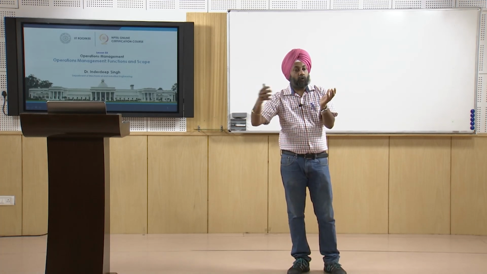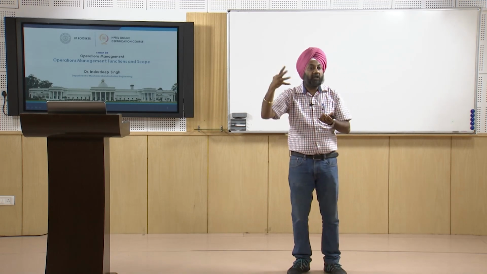How it converts, that is a transformation, as we have seen in the previous session, and we have to manage this whole system in order to meet our objectives. The objectives I have already highlighted: right quality, right quantity, at the right time and at the right cost. So we have to run this system in such a way that all these 4 important points are met.